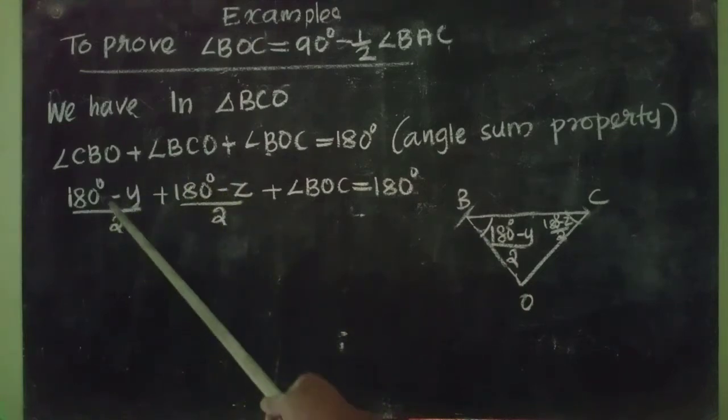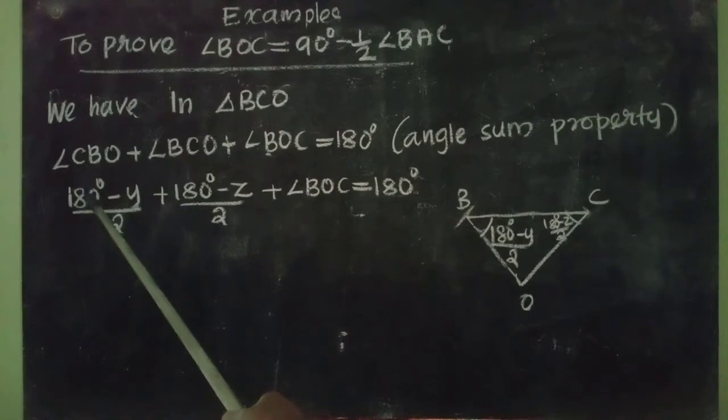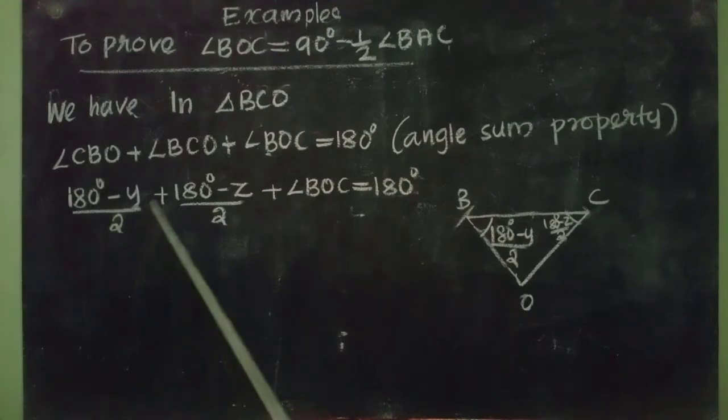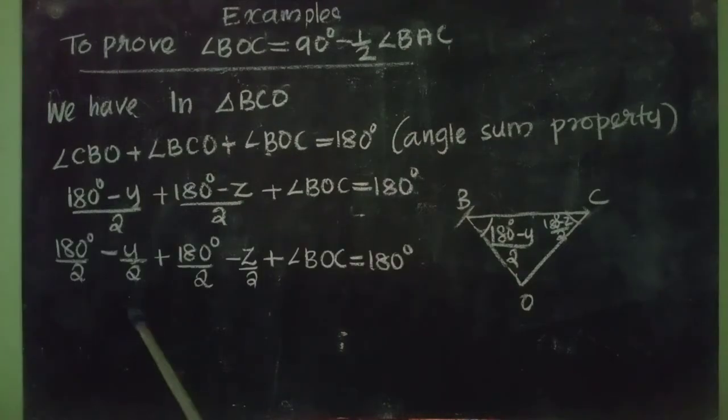So let us distribute this whole divided by 2 for both 180 degree and y. Here also let us do the same. So we get 180 degree by 2 minus y by 2 plus 180 degree by 2 minus z by 2 plus angle BOC equal to 180 degree.